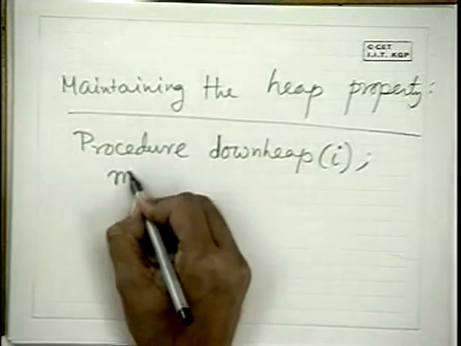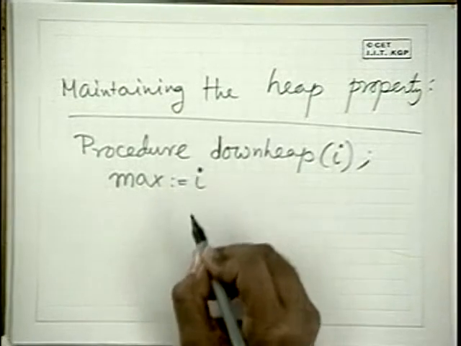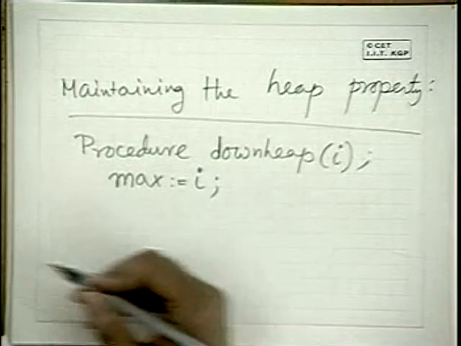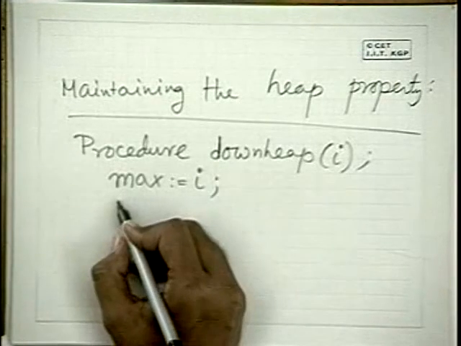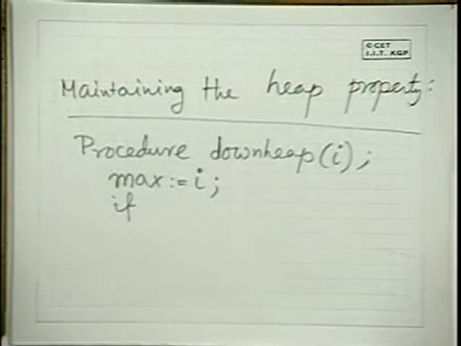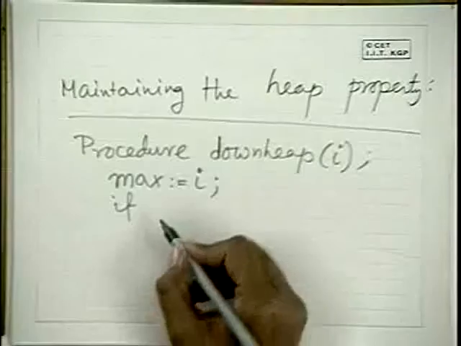So here is max, a variable where we always keep track of where this current one should go. You will see immediately if I write it. Max is equal to I. So you are in the node I. You have to check among the 2 children which one is higher, and if this is lower than the higher one, you should exchange between the 2. That's exactly what this is doing.